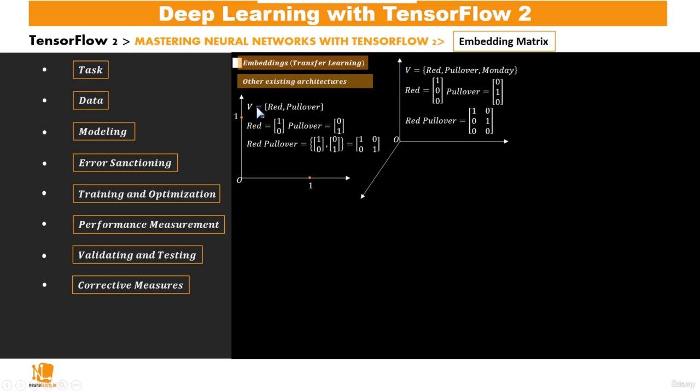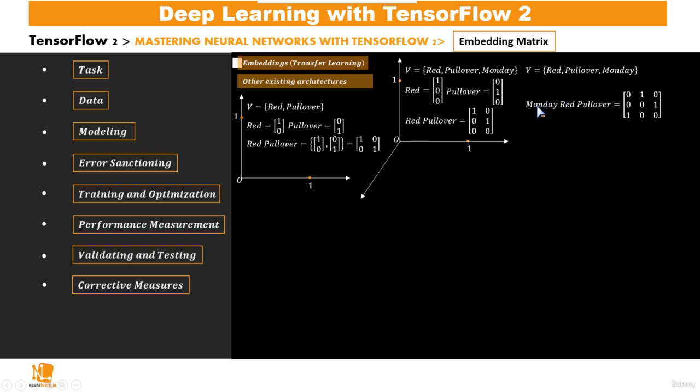Now we see that we move from a 2D to a 3-dimensional vector space because our vocabulary size is 3. So plotting this out, we have read and then pullover. So here we have the point 1, 0, 0, and then the point 0, 1, 0.